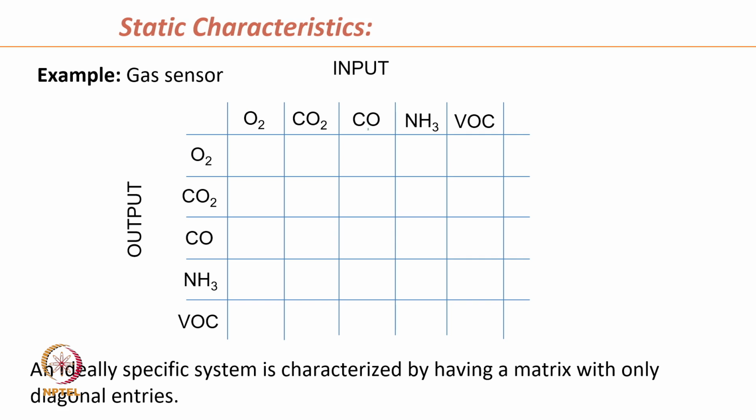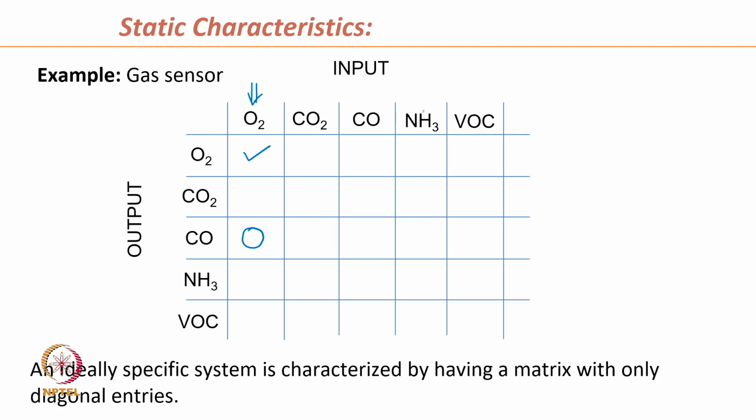If we flow CO in the system, the output corresponding to CO will be produced. However, the sensors have partial sensitivity to others as well. For example, we flow oxygen in the system, there will be an output generated according to O2, but there will be partial sensitivity to CO as well, which should not be there.